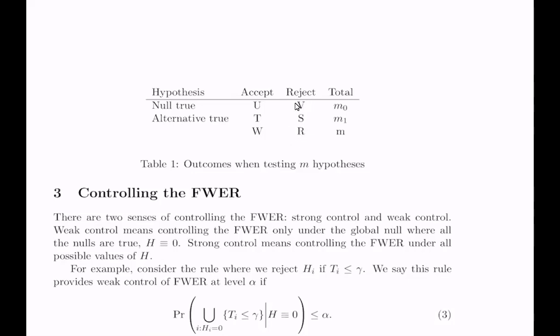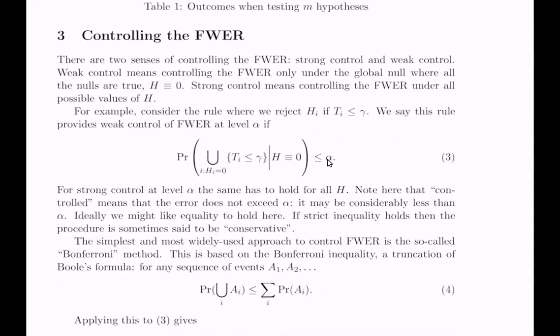So that's V. These are false discoveries where you reject and they're actually true nulls. So they're false discoveries over R. So V over R is the false discovery proportion, and then the false discovery rate is just defined as the expectation of V over R.